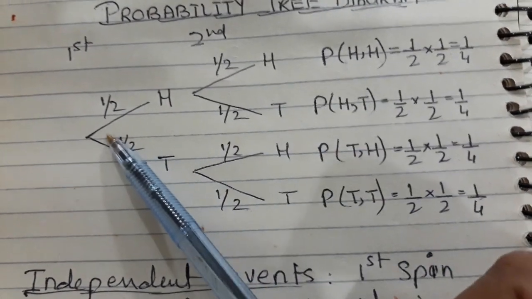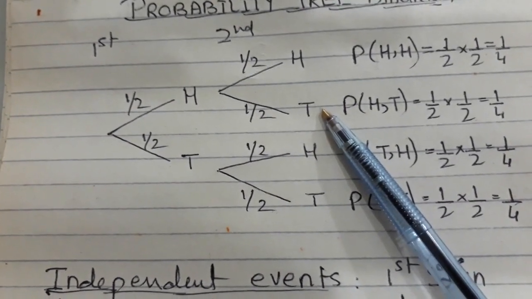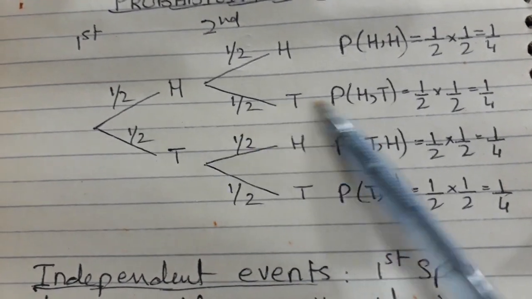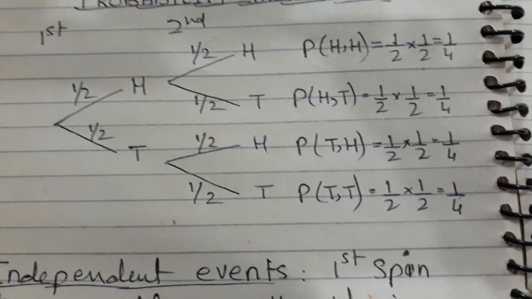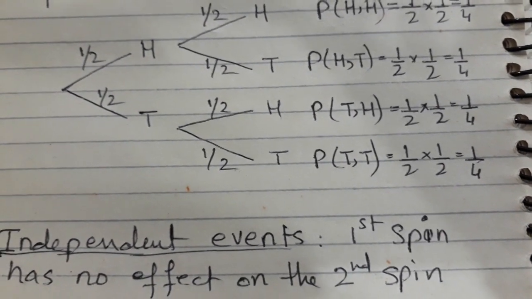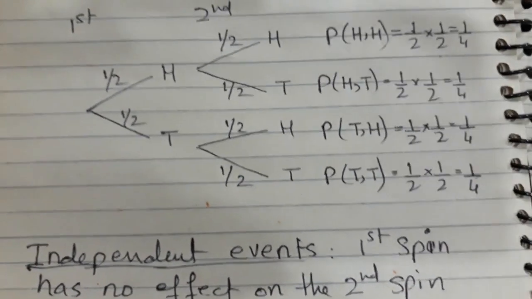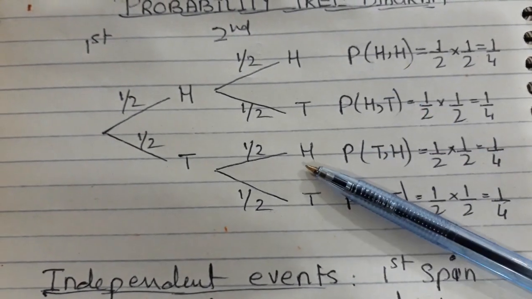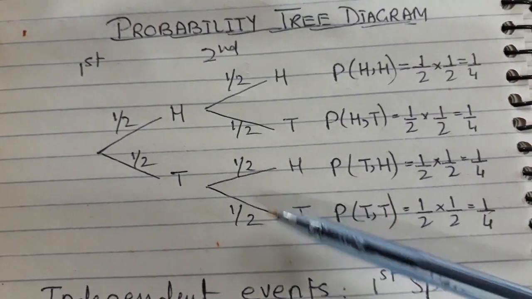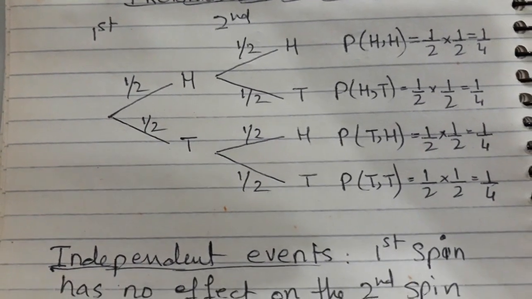If I ask you what is the probability of getting head and tail, first time head, second time tail, you are multiplying along the branches and you are getting a probability. Similarly, I have found the other probabilities also. I will go into further detail, but right now I have explained here the difference between just tree diagram and probability tree diagram, and how we will use it we will see in a while. Let's check another example.